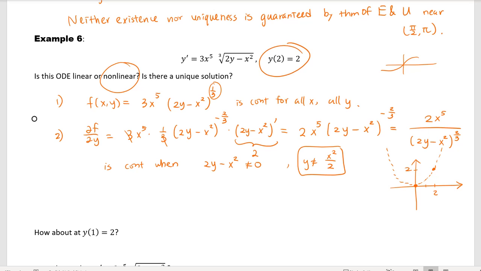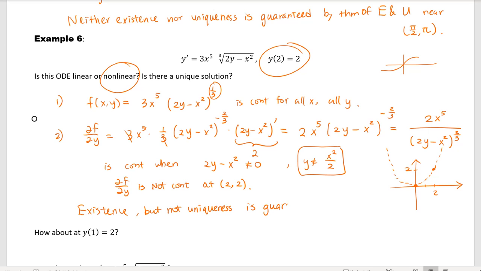You can see our initial condition is actually on the parabola. So that's why partial f partial y is not continuous at (2, 2). So we have f continuous but partial f partial y not continuous.